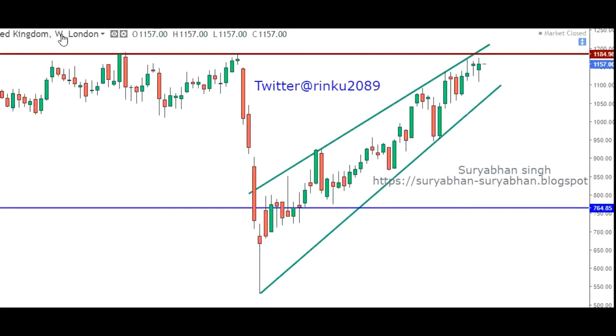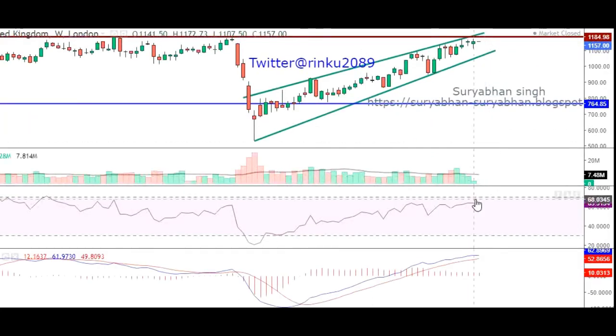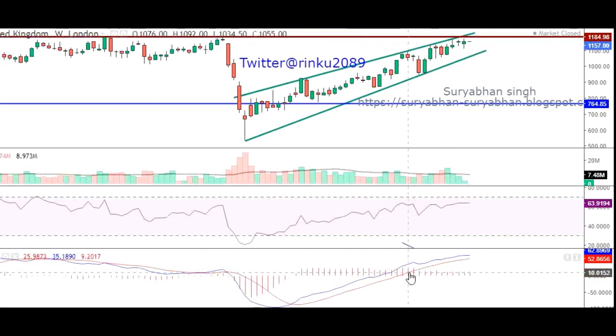So it has to close on a weekly basis. If I look at the RSI and MACD, the RSI is going flatter, so there is a possible divergence, again a technical term. This is the MACD which I am using below, and this is the RSI. The MACD is going down, which means a negative divergence.